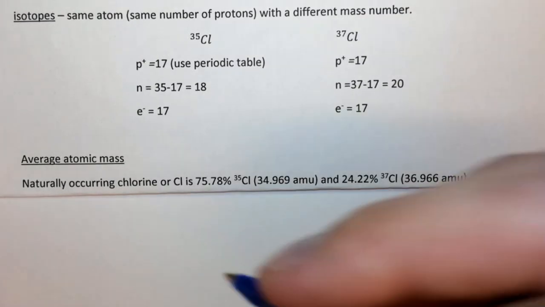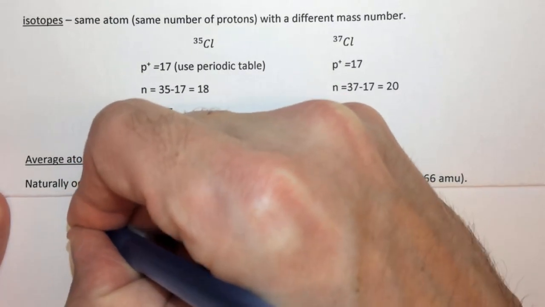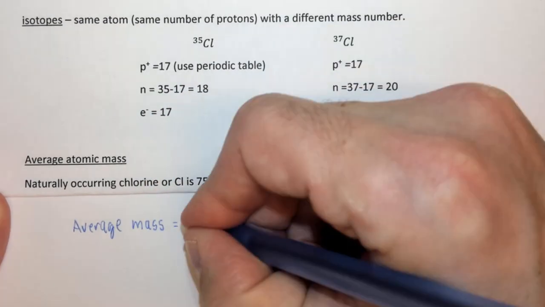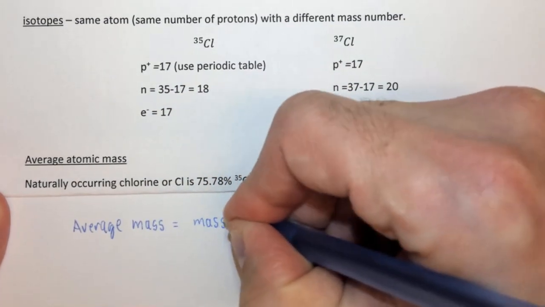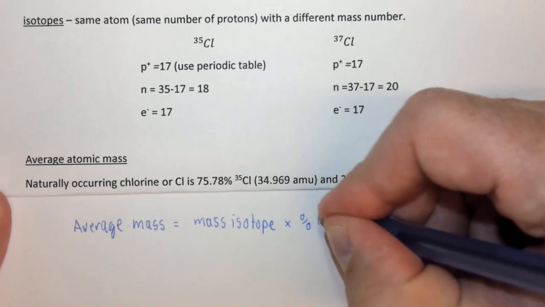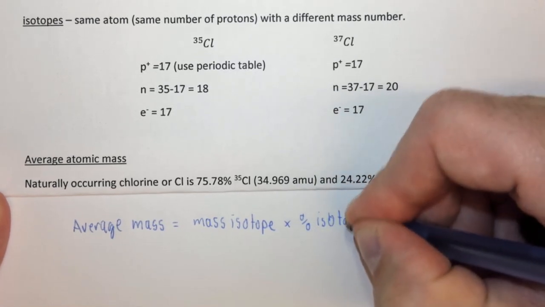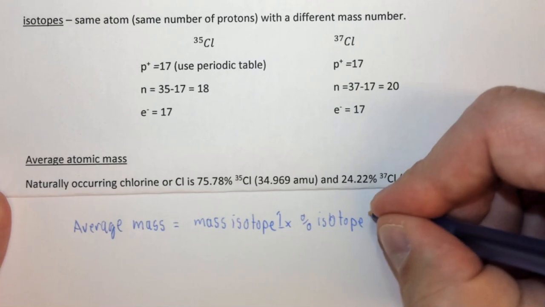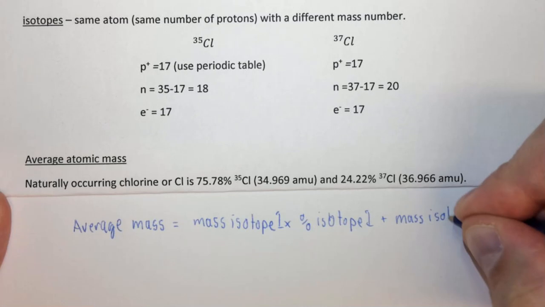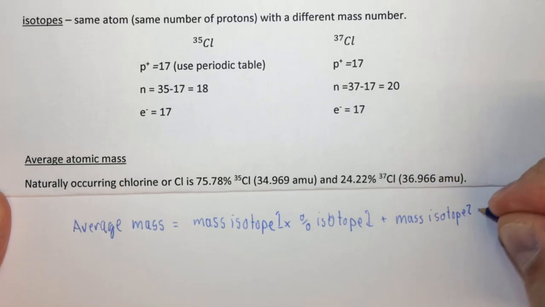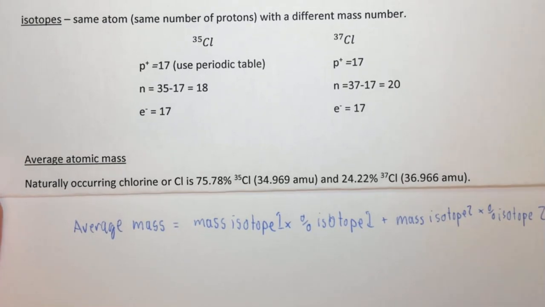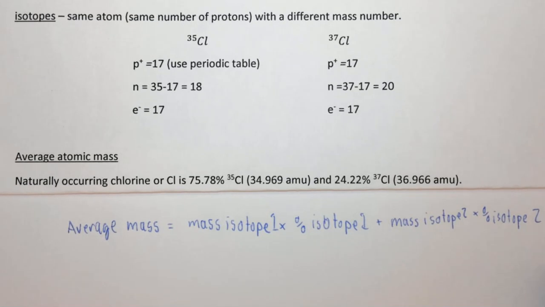Well, the average mass is equal to the mass of isotope 1 times the percent of isotope 1, plus the mass of isotope 2 times the percent of isotope 2. And if you had more, you just add them all in, and some of them do have more.